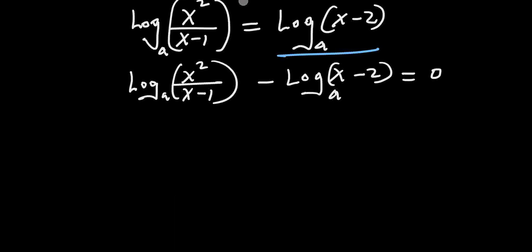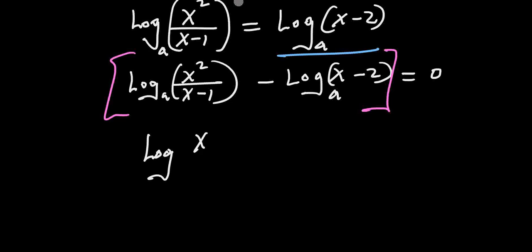Now we can also write the whole of this as a single logarithm expression. So once that happens, then we're going to have log x squared over x minus 1 in parentheses, and because of this negative sign, we are still going to divide x squared by this value.